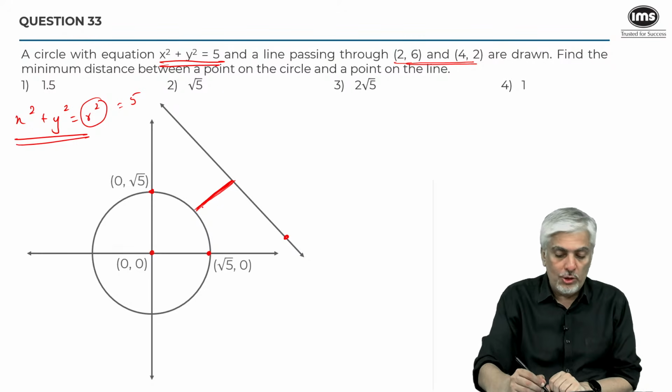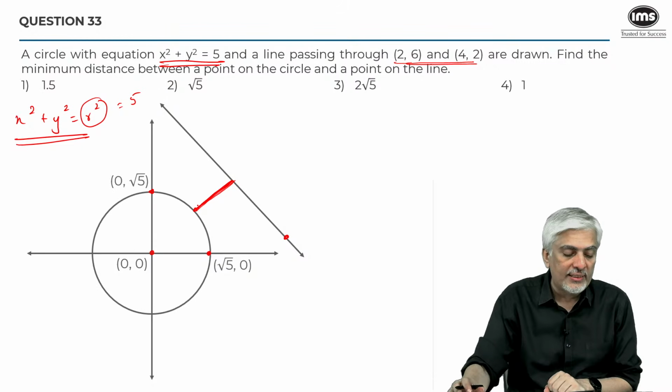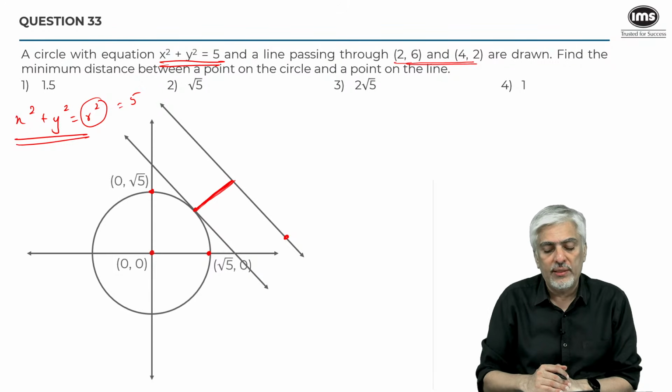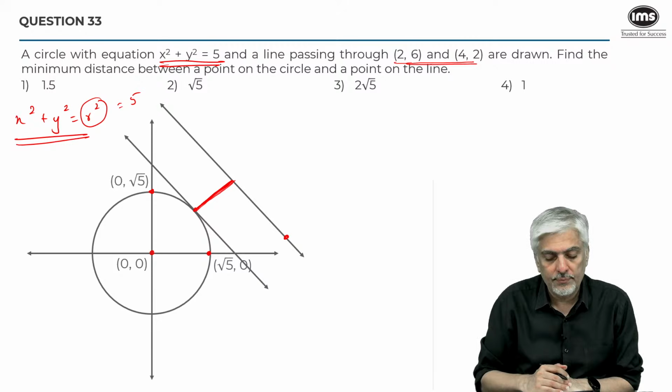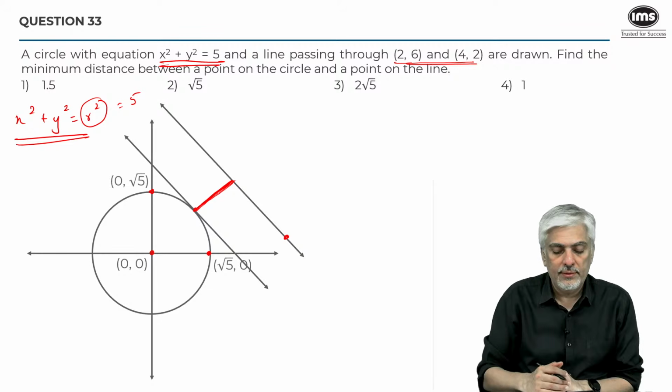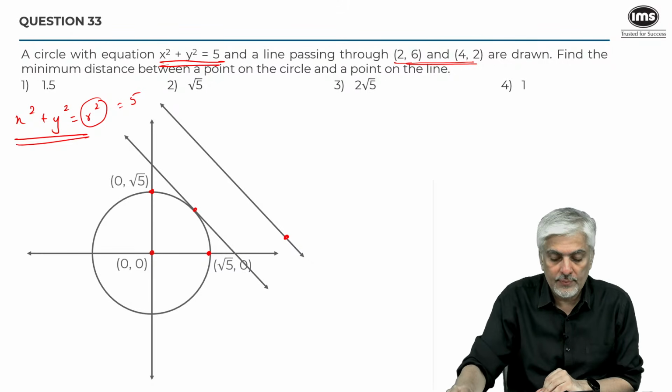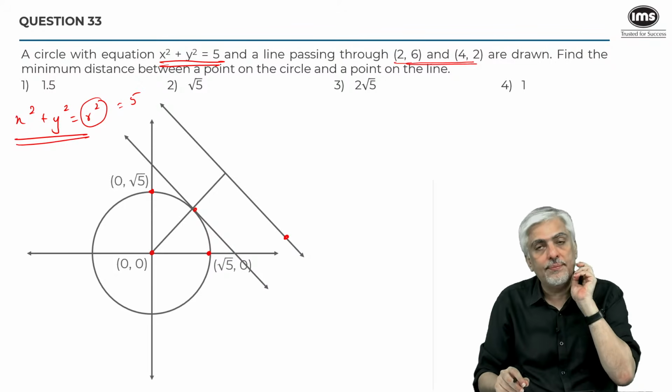So for that, to get this point, I need to understand the tangent. Pay attention very carefully. So I have drawn the tangent, and then I have drawn this line.